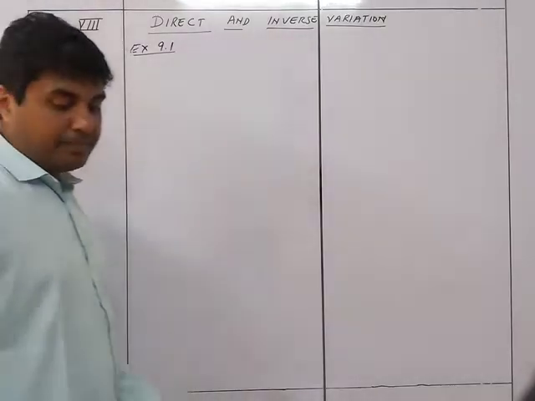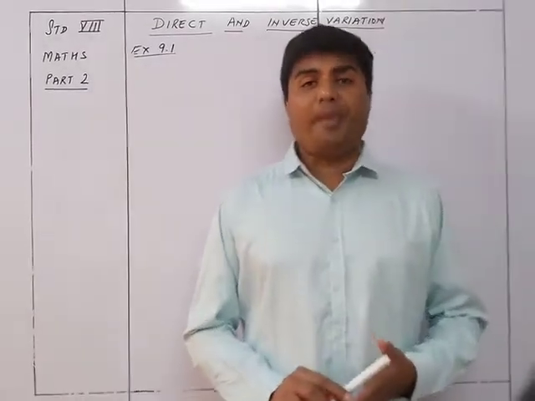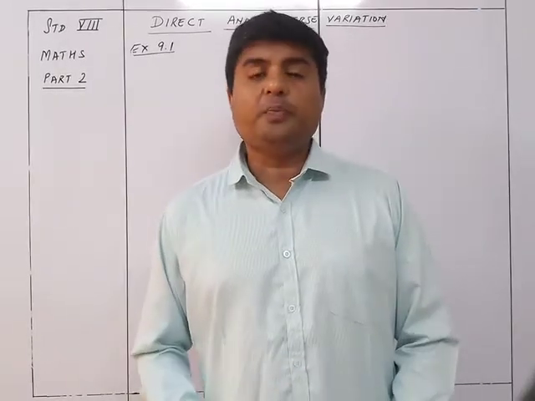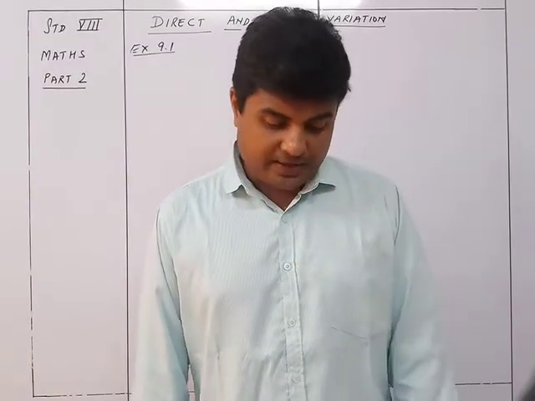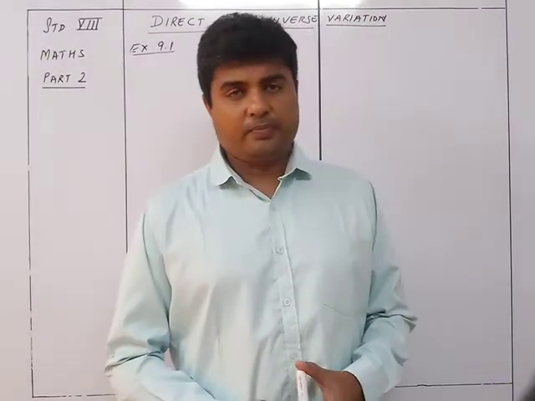Pay attention for the sum number 12. It gives you, if 5 men or 7 women can earn rupees 525 per day, how much would 10 men and 13 women earn per day?